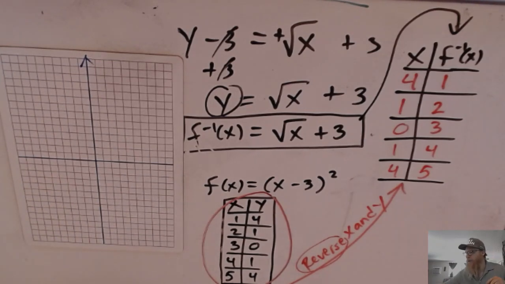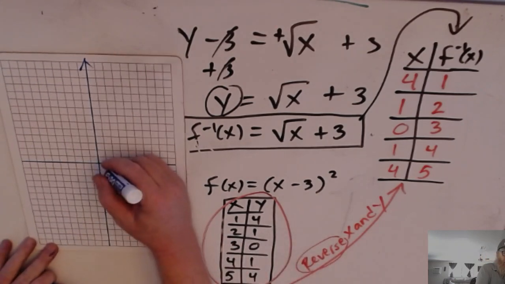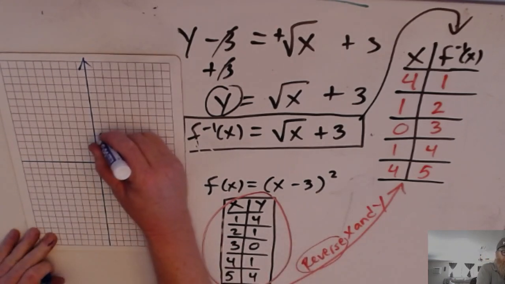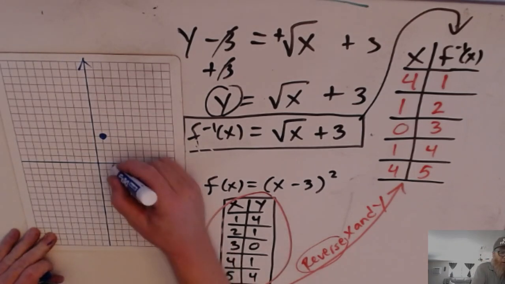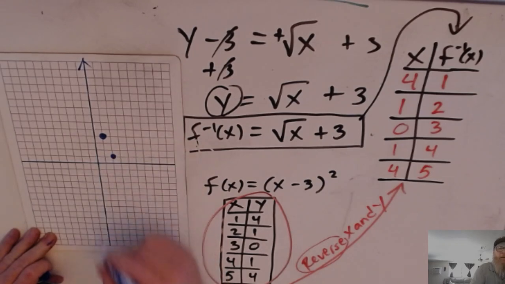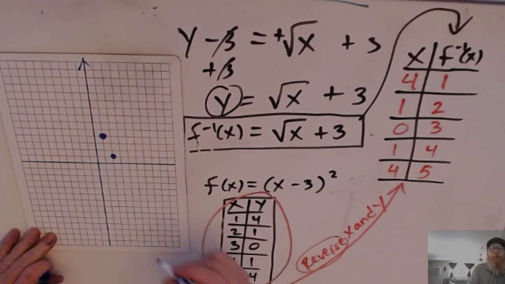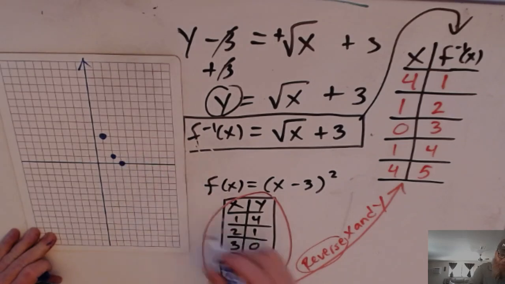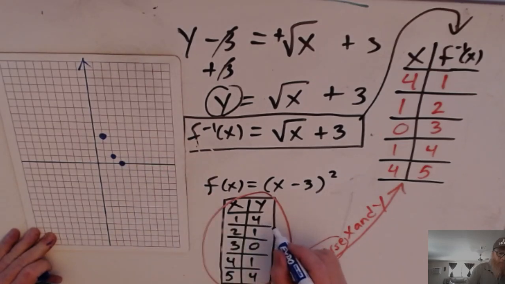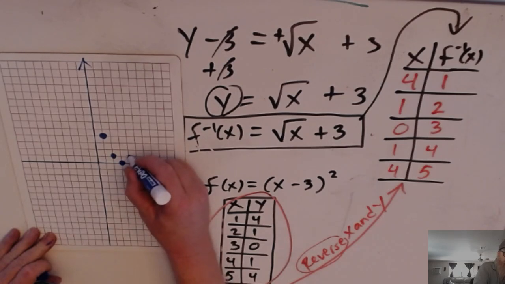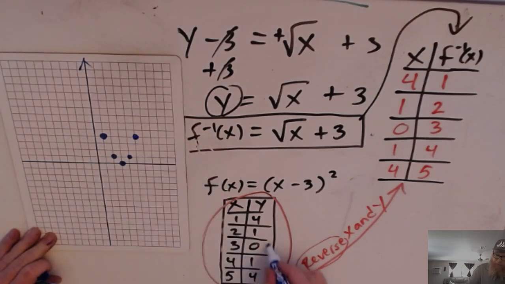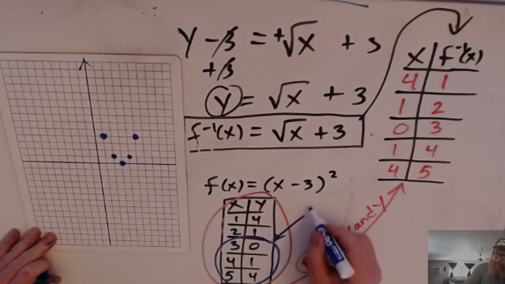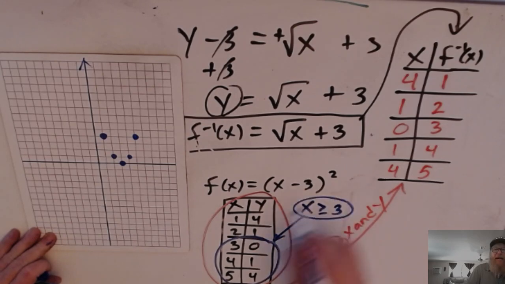All right, so let's go ahead and draw these graphs. Let's see, so f, we got 1, 4. 2, 1. And 3, 0. 4, 5. And 5, 4. But remember, x must be greater than or equal to 3.